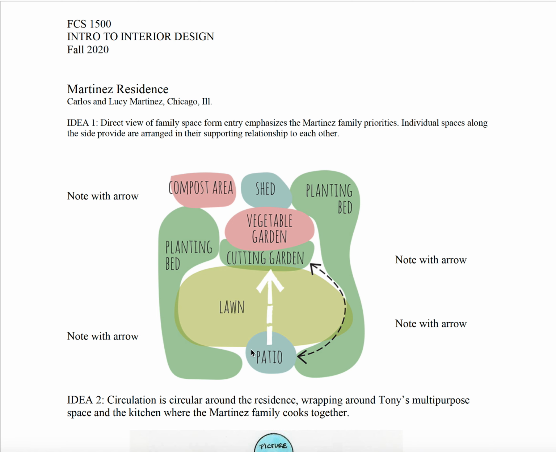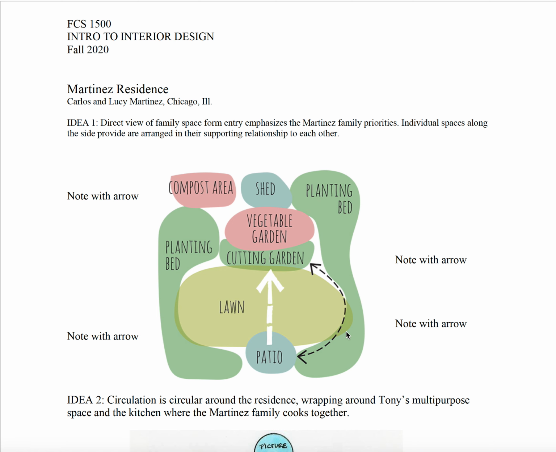So right from the get-go, when you walk in, I'm thinking in this idea that this family space could be in the back, but you would have a direct view from the entry to the family space as opposed to the work areas, which are around the edges of the residence. But they would be arranged in a way to support each other.